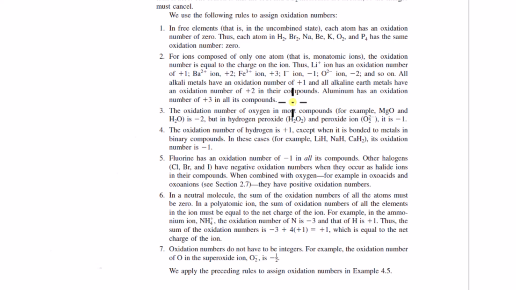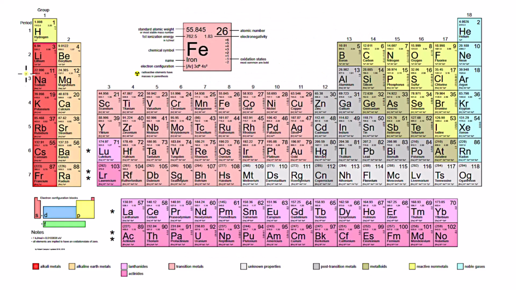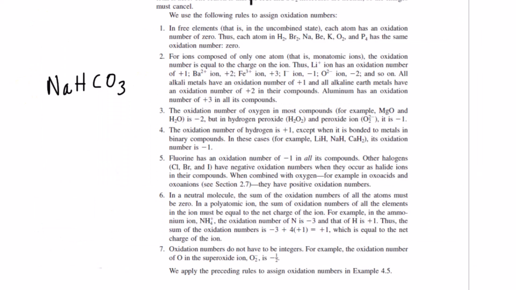So let's say you're presented with the compound sodium bicarbonate, NaHCO3. Well, the first thing you're going to look for is, are there any alkali metals or alkaline earth metals? So we see here we have sodium as an alkali metal. So we immediately come straight to the sodium and put a +1 here.